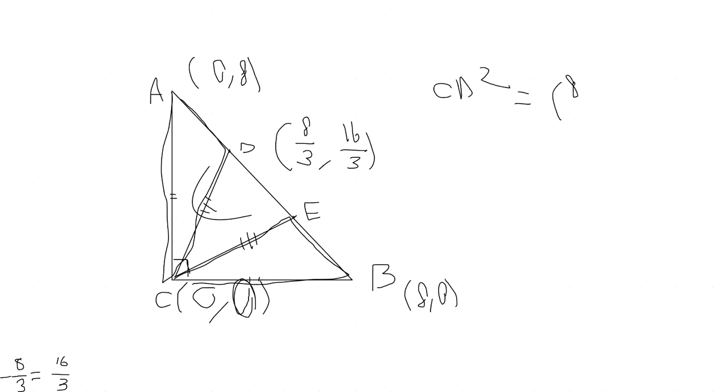And that's our answer because CD equals CE, so CD times CE would just be CD squared. That's equal to 320 over 9. Indeed, then 329 is the final answer.